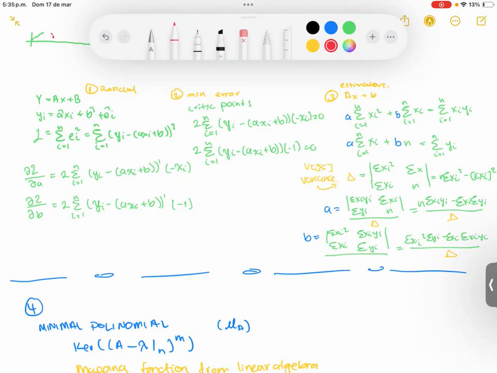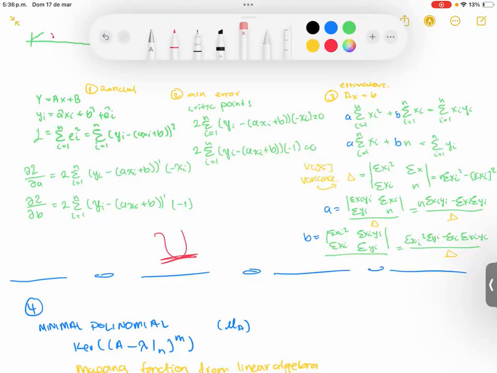Now, what are the critical points? We need to set this equal to 0. How can we get to the critical point, where the derivative of the loss function goes to the minimal point? The same case applies to the estimator of b.